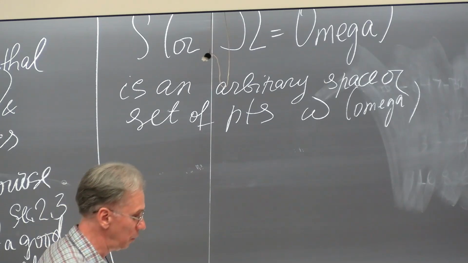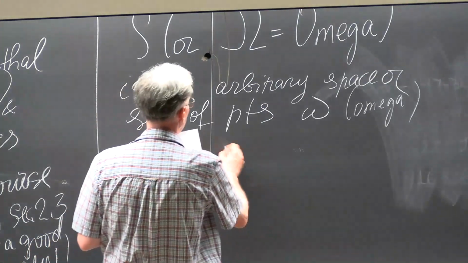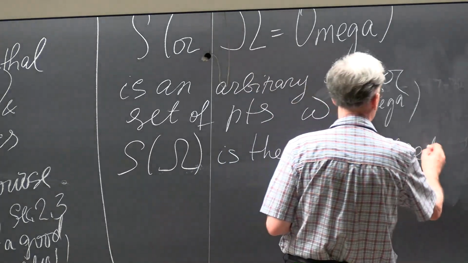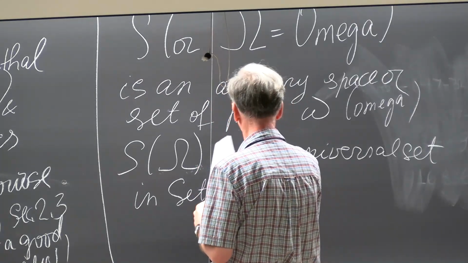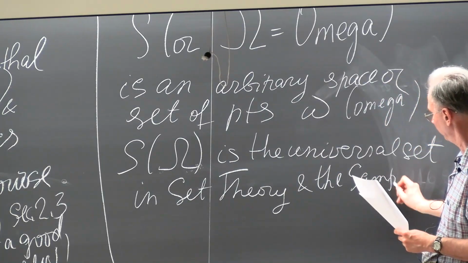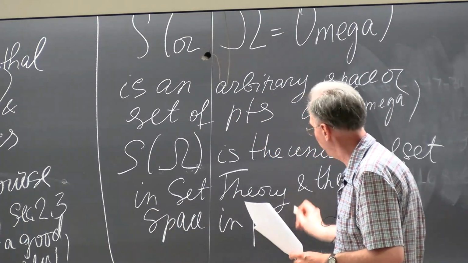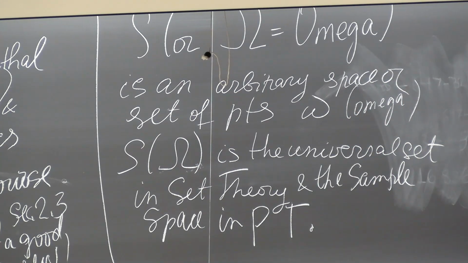So S or omega is the universal set in set theory, and the sample space in PT, which stands for probability theory. This is the first thing that we should start from.